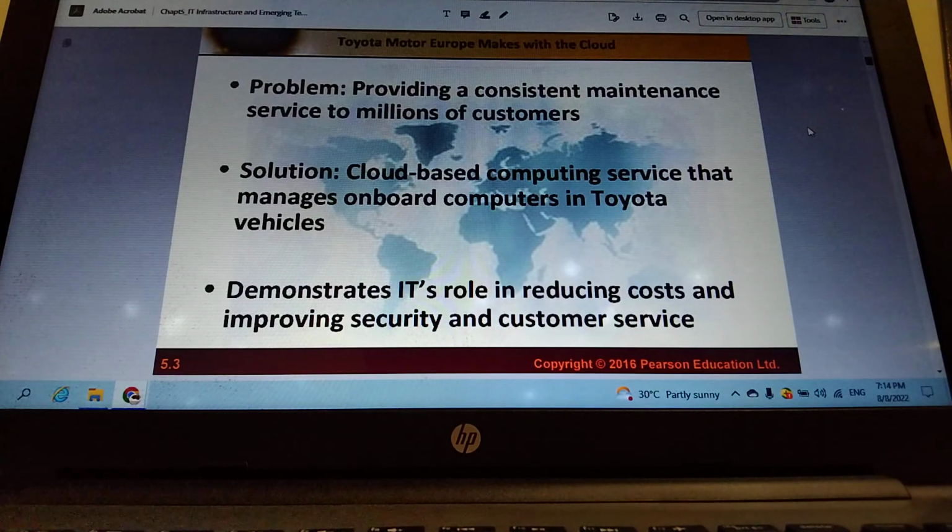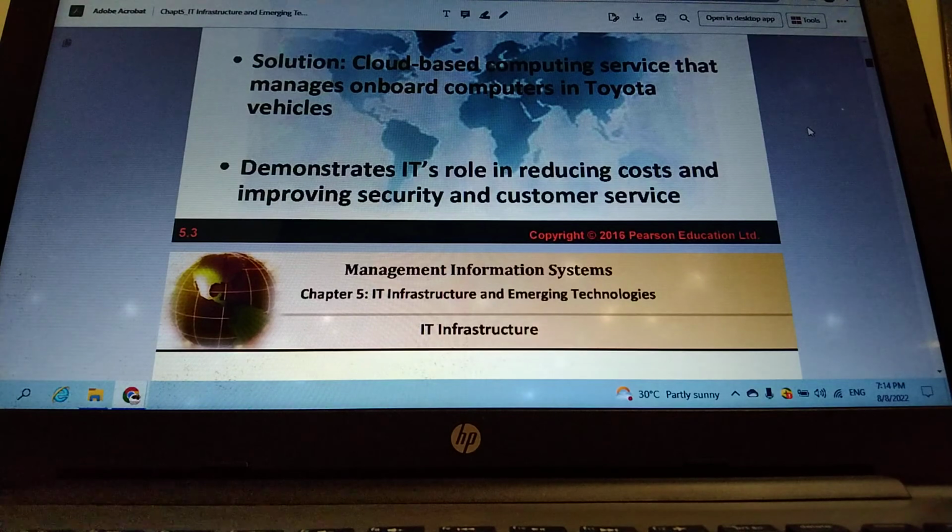So the solution provided or shared with us for this case study is a cloud-based computing service that manages onboard computers in Toyota vehicles. Like we discussed earlier, they are planning to use cloud-based computing as part of the IT infrastructure to manage onboard computers in Toyota vehicles. Demonstrate IT's role in reducing costs and improving security and customer service.